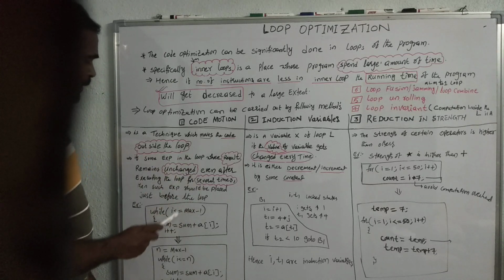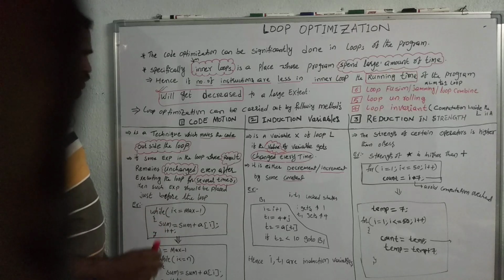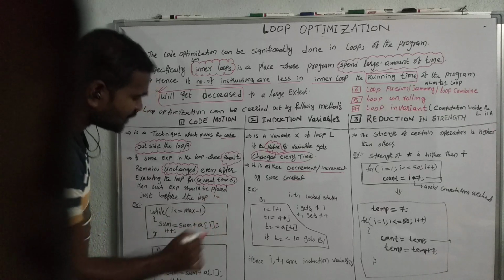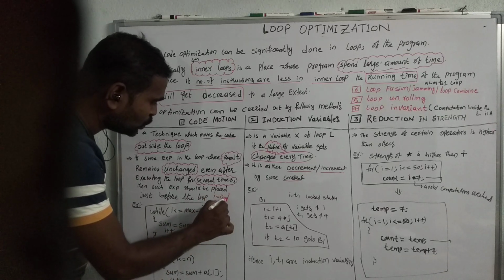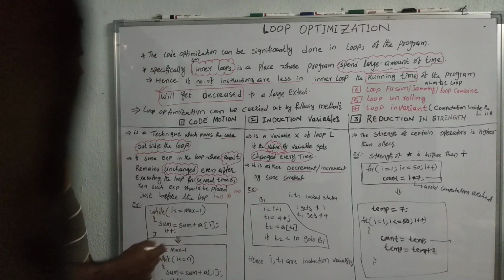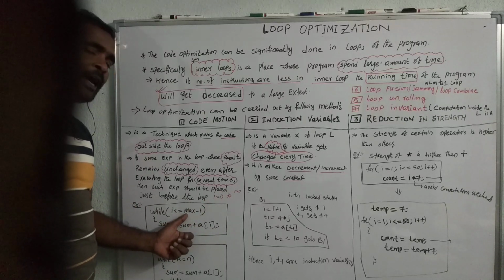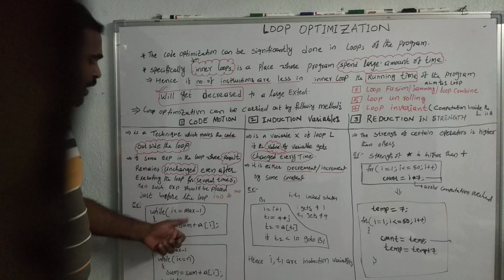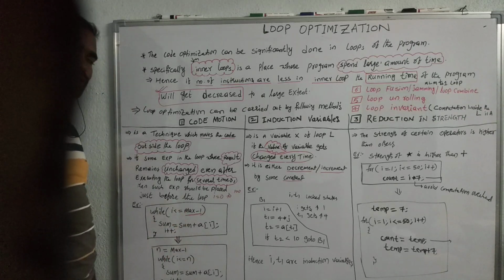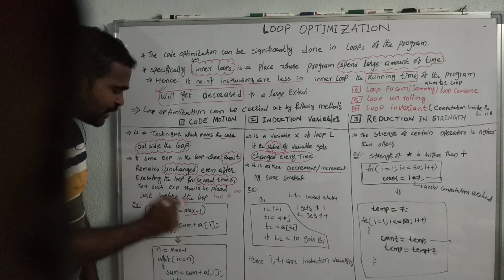In this example, while I is less than or equal to max minus 1, I is a counter variable, and its value begins from 0 to the maximum value, let us assume 100. So max minus 1 means 99, and 0 to 99 means this loop repeats 100 times. In this case, max minus 1 is evaluated 100 times, which is a useless calculation.